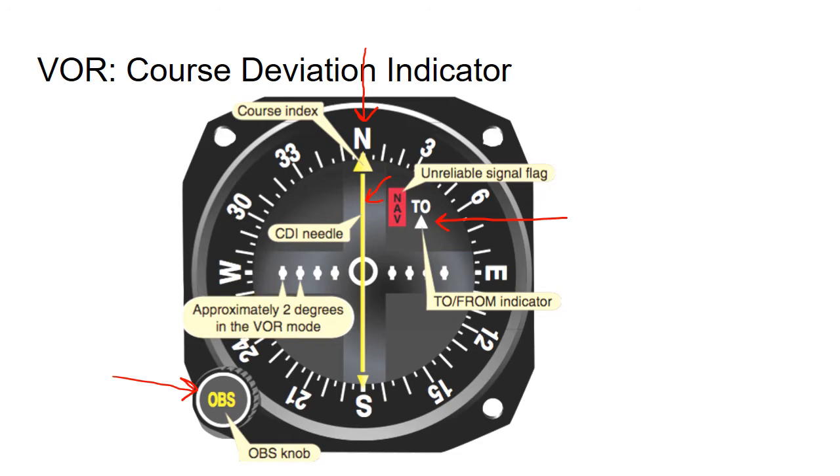A center needle shows the radial and the aircraft is on a specific magnetic course from the station, or a course to be flown to the station. Each of the white tick marks represents 2 degrees, with full deflection occurring when you're 10 degrees off course.